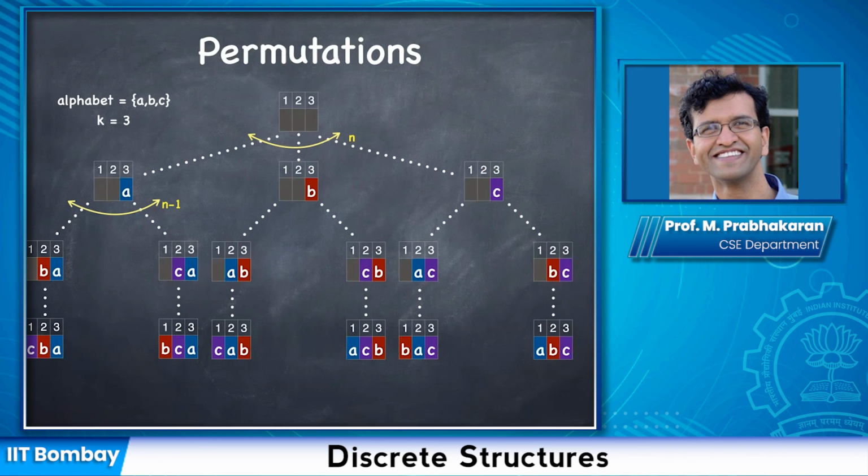The next position I could fill in n minus 1 ways because I already used up one character, and then the next position in n minus 2 ways. The total number of ways I can do this is n times n minus 1 times n minus 2 for k equal to 3. Okay, so that's all I wanted to say about permutations for now.